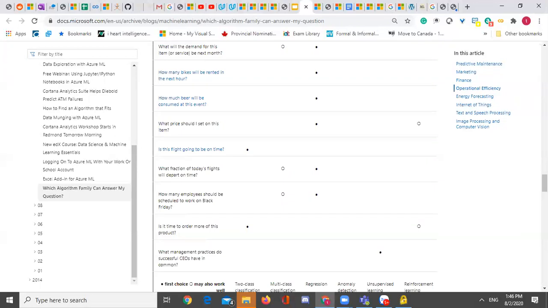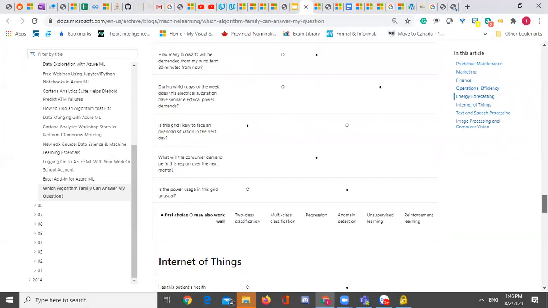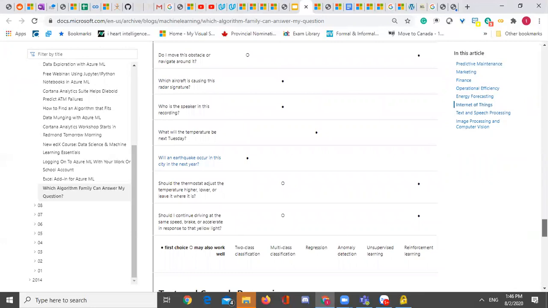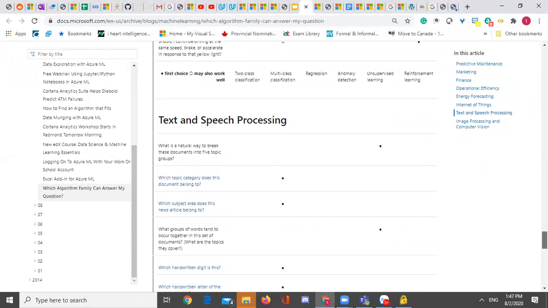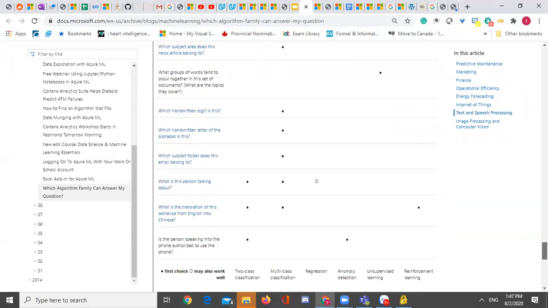So pay very good attention to this blog. I don't have time to go through everything, but spend at least 2-3 hours on this. Make sure you remember these topics, because it will be very helpful in the test.